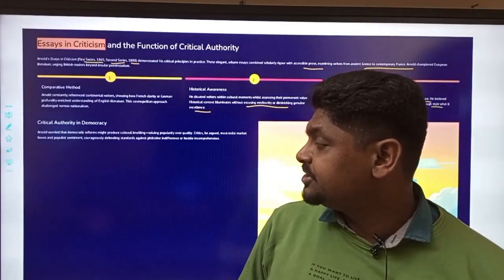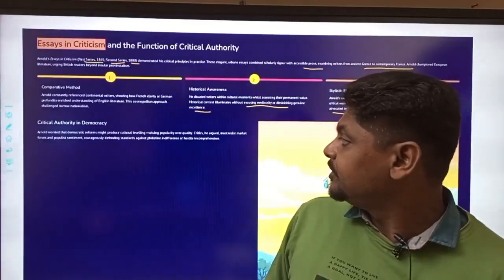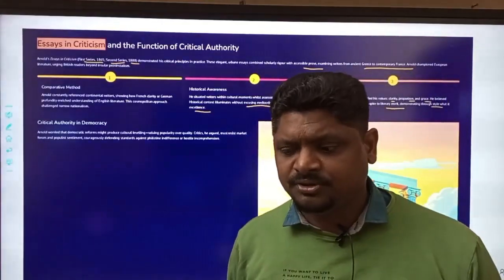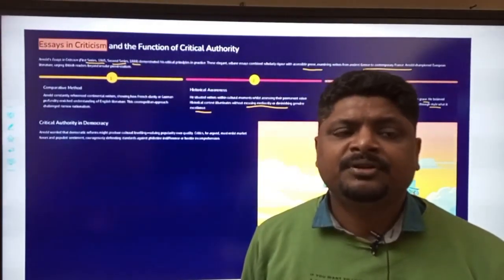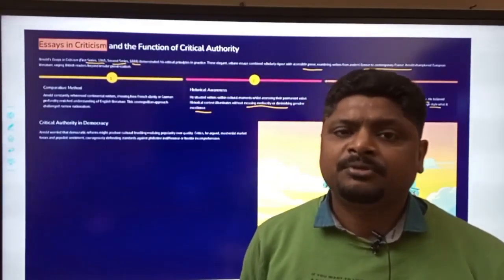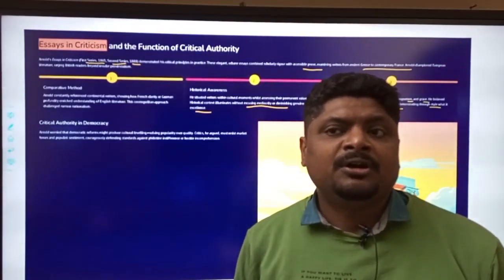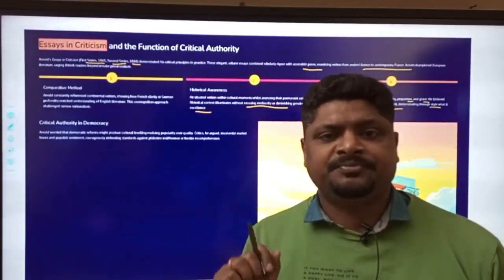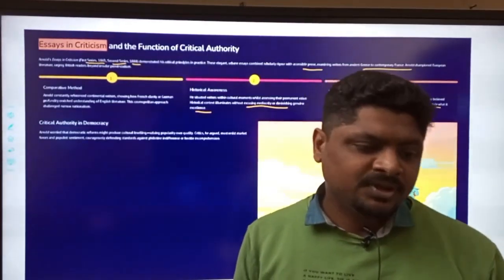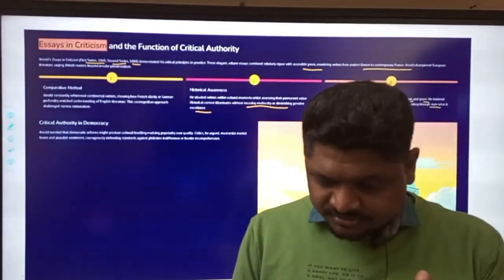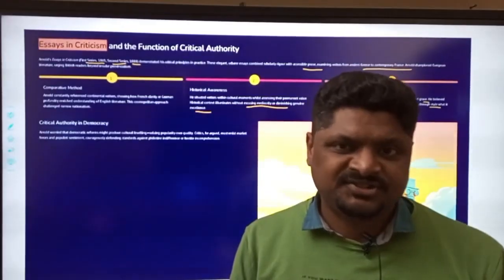Critical authority in democracy. Arnold worried that democratic reforms might produce cultural leveling, valuing popularity over quality. So, in the Victorian age, popular culture becomes very prominent. Popular culture, popular writing, popular literature. So, popularity, one of the important key factors in the late Victorian age, because popularity is something that serves the public, that feeds on the mass.